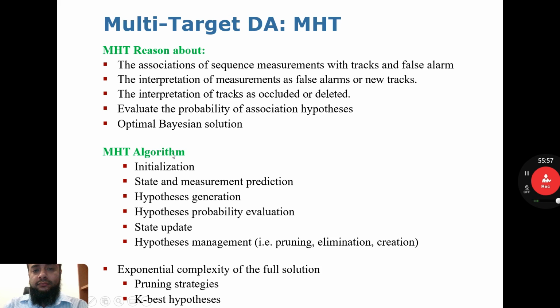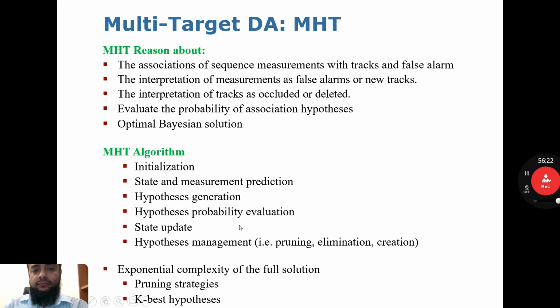So here is the procedure for the algorithm: initialization, state and measurement prediction, hypothesis generation. In the next slide, we will talk about the hypothesis generation and hypothesis probability evaluation, state update, and hypothesis management: pruning, elimination, and creation.